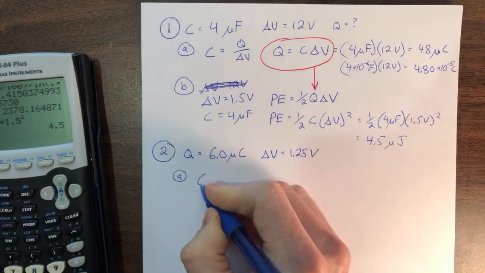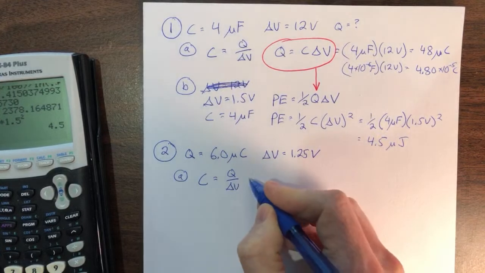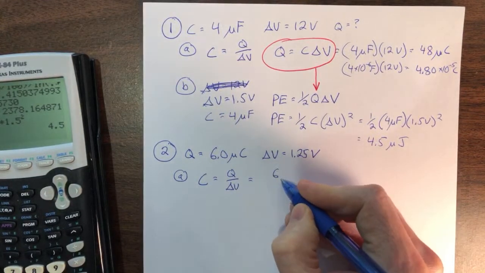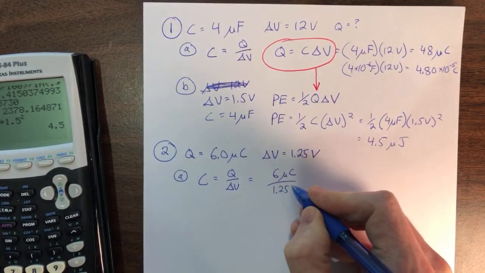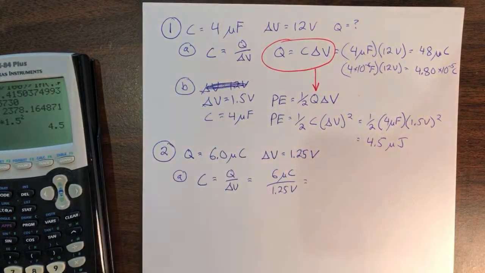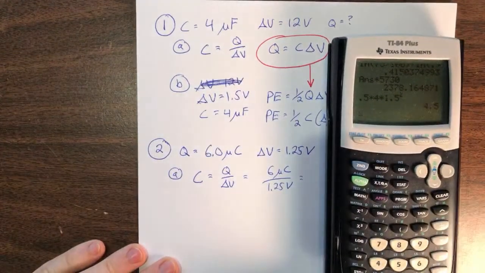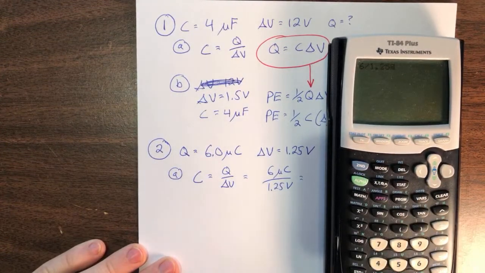Well, we have the equation right there. C is Q over delta V. And we're just going to plug it in. So Q is 6 microcoulombs and delta V is 1.25 volts. And we're going to get 6 divided by 1.25 is going to give us 4.8.